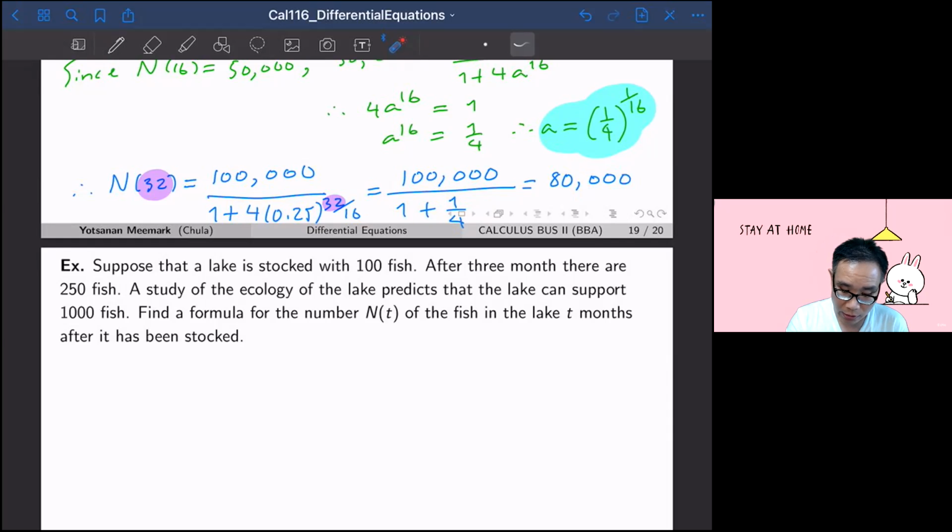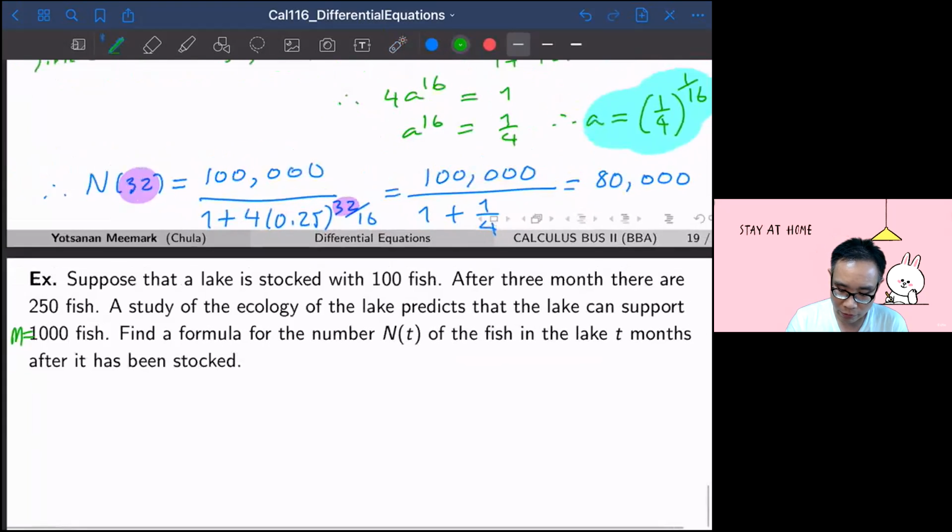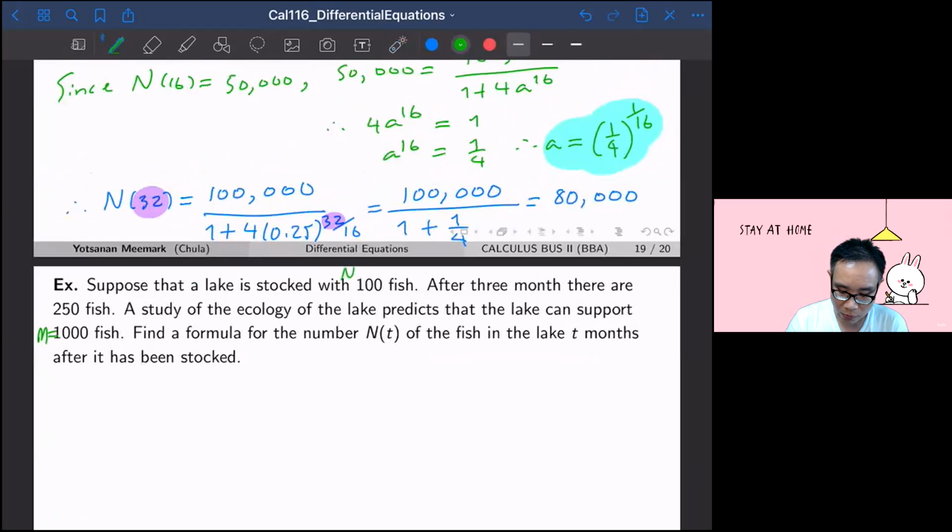So here is going to be your M. So you have M equal to 1,000 and N0 equal to 100 fish, and after 3 months you get N3. Find the formula N(t) after it has been stocked.